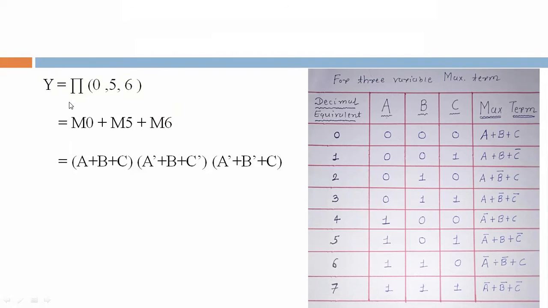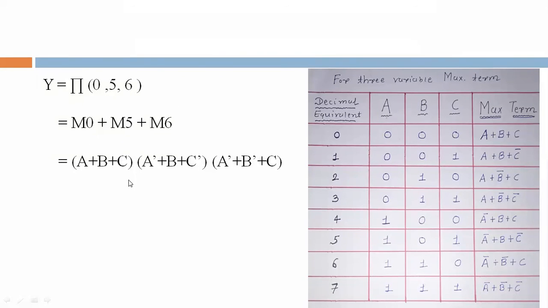It will represent M0, M5, M6, but the plus sign is there based on the definition of product of sum, and that will be a product of max terms, different terms. So here M0 we are writing, here M5 is there and M6 is there.